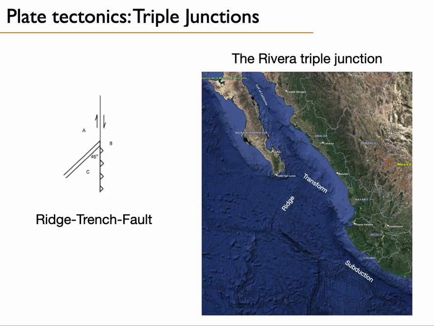Another famous triple junction is the Rivera triple junction. So we are going close to Mexico here, and California is at the north. What we have there is the interaction between the subduction zone, which is marked by a trench on this picture, and transform faults, which are dissecting a ridge here and a ridge segment there.